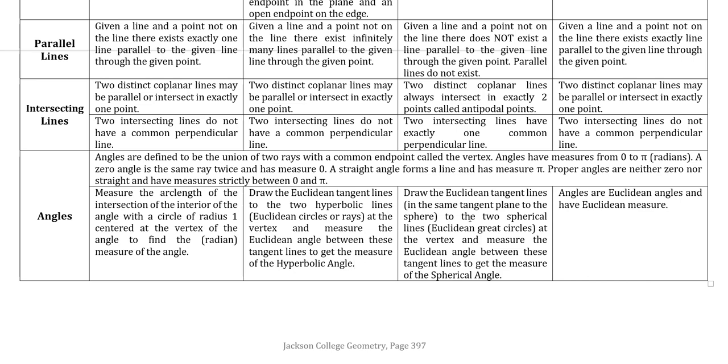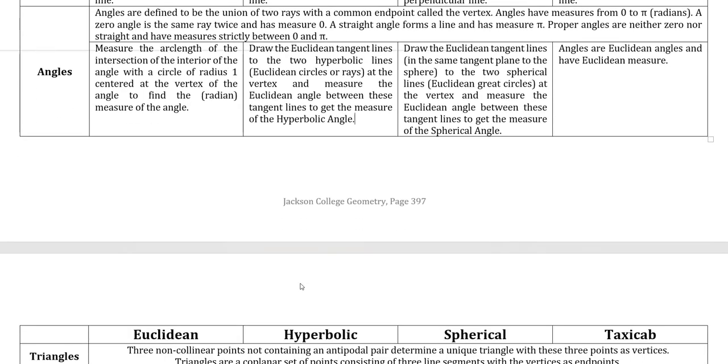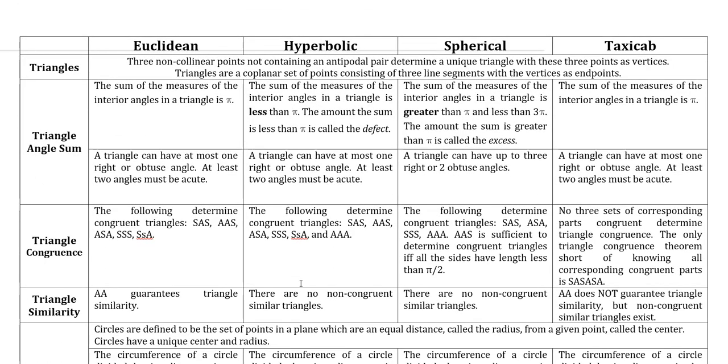Draw Euclidean tangent lines, which turn out to be in the same tangent plane to the sphere, to the two spherical lines, the Euclidean great circles, at the vertex, and then measure the Euclidean angle between these tangent lines to get the measure of the spherical angle. In other words, we measure it just as we would in Euclidean geometry.